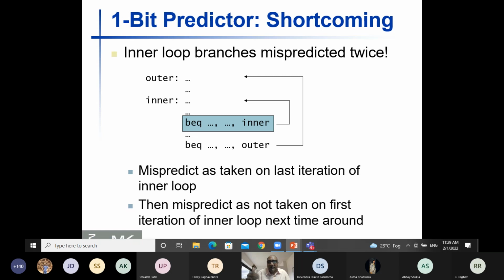You start, and each time the branch is taken, so the bit is set to taken. The next time also the branch is taken, and it keeps going on. When you come to the last iteration, as per the prediction it's a branch taken, but that is the last iteration, and when you compute the branch, you will come to know that the prediction is incorrect.